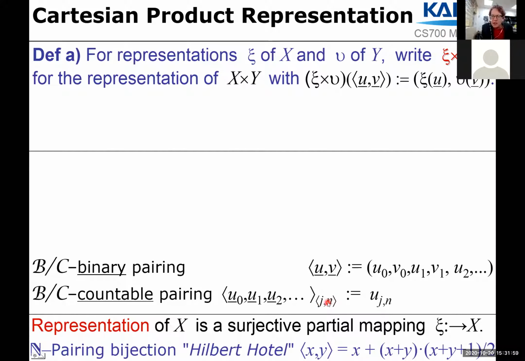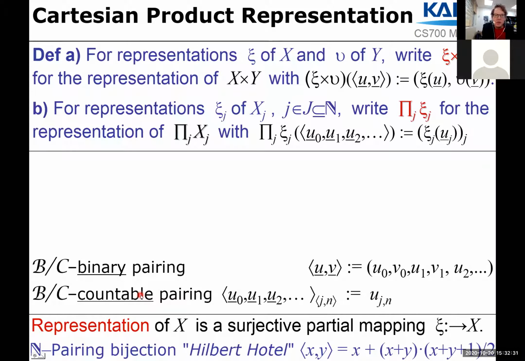Naturally this would give rise to a double sequence: one index for which U we're considering and another index that tells which entry in that U we want to consider, like here, the nth entry in the jth sequence. And we combine both indices into one to make this back into a single sequence, a single element of Cantor space. So this is countable pairing.